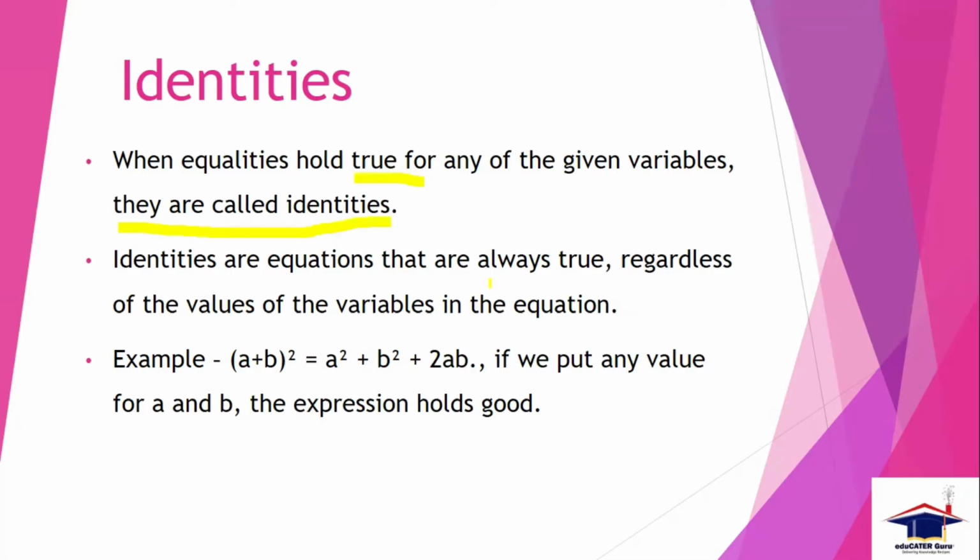Identities are equations that are always true regardless of the values of the variable in the equation. For example, a plus b whole square equals a square plus b square plus 2ab. So if we put any value for a and b, this formula holds good, that is true. So this is one type of identities.